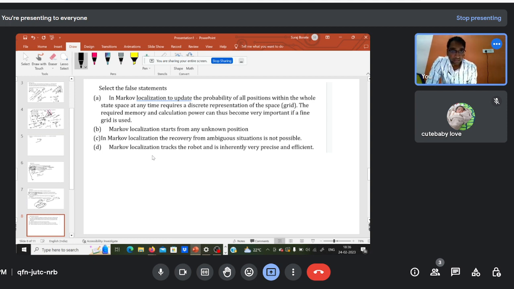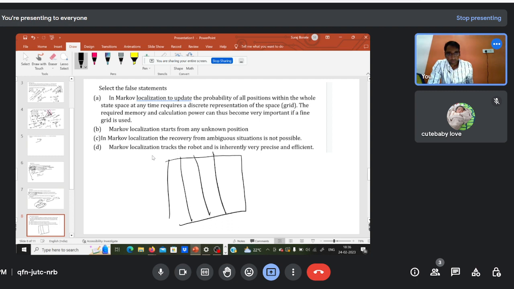In Markov localization, updating the probability of all positions within the whole state space at any time requires a discrete representation of space, a grid. The required memory and calculation power thus becomes very important if a grid is used. So this is true, right? In Markov localization, we assign a probability to each and every possible state.